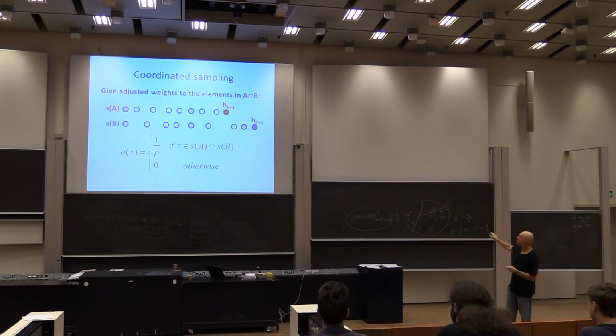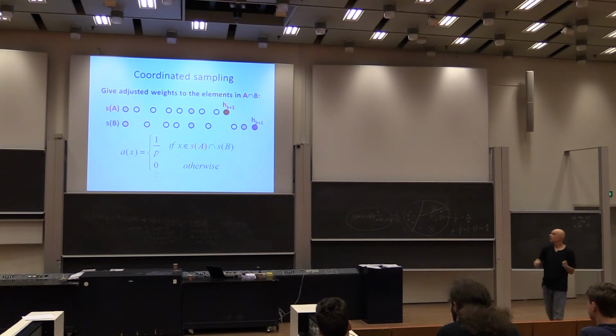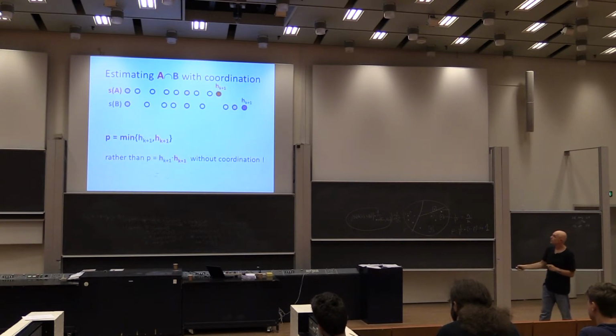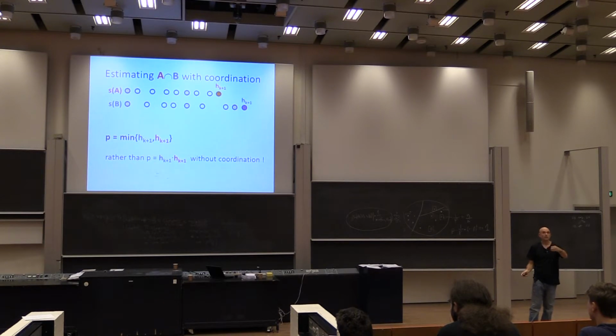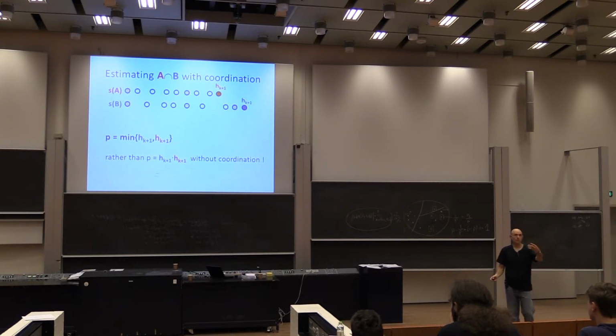And then I should be smaller than, say, 0.8 with respect to some other H function. So I actually have to multiply them. If it had been independent, then the probability would have been much, much smaller. And I'm going to show you the variance of this adjusted weight in a second. And you would immediately see that the variance goes down as the probability goes up, which is intuitive.